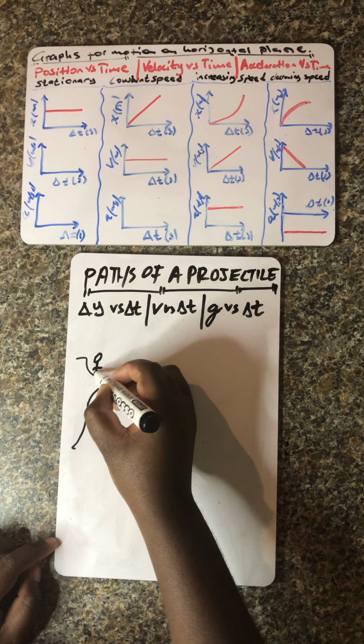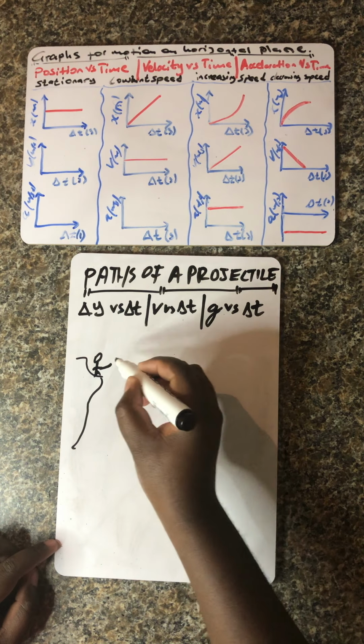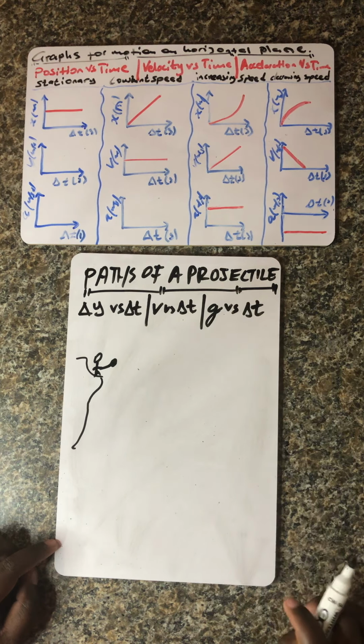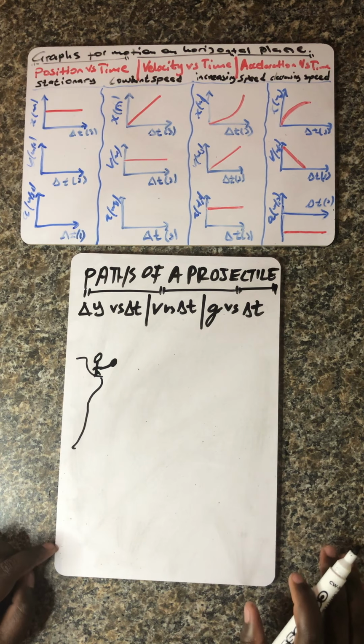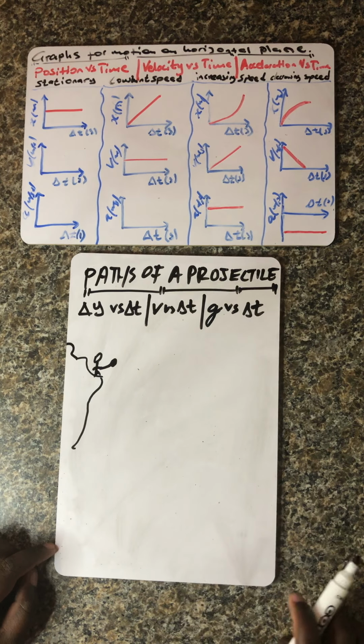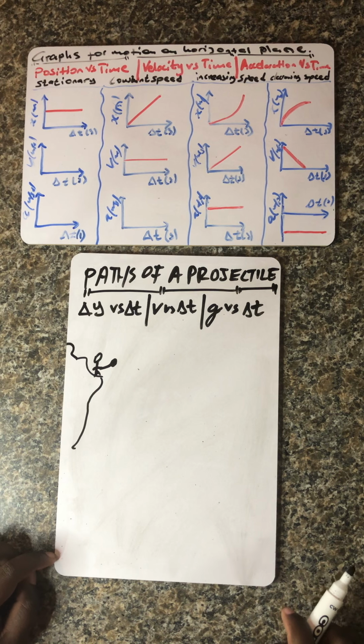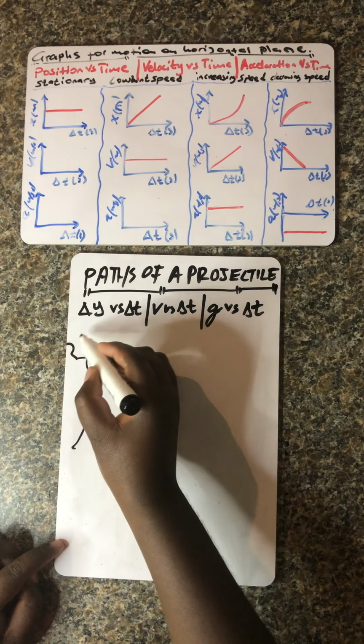Let's say there is our friend over there, and he's got a stone at the top of that mountain or cliff. So an object is being dropped from a height.